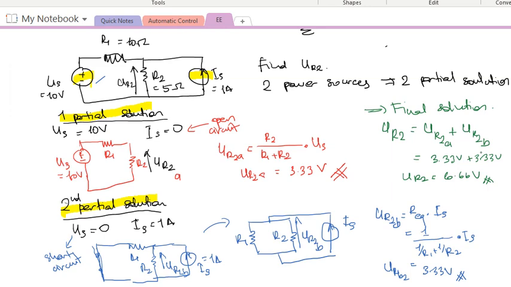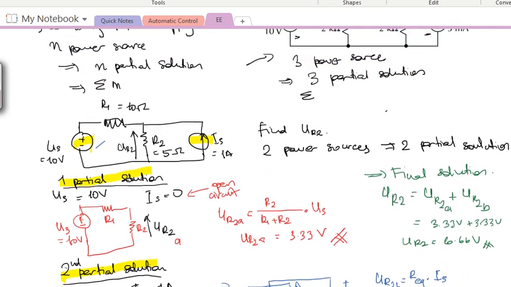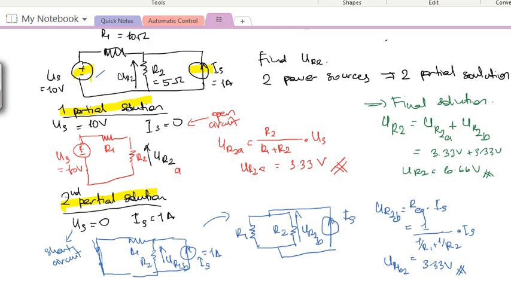If I have to recap again, the most important thing you need to do is to identify where your power sources are, how many power sources you have. Once you have identified how many power sources you have, it means you have to create the same number of partial solutions.